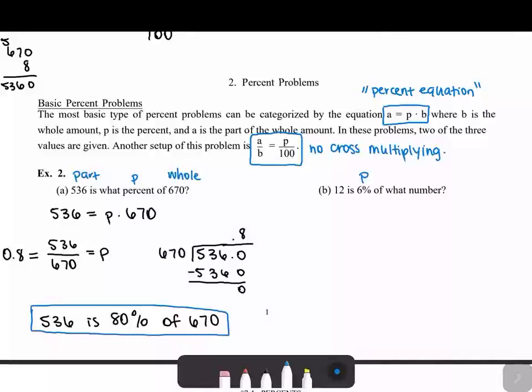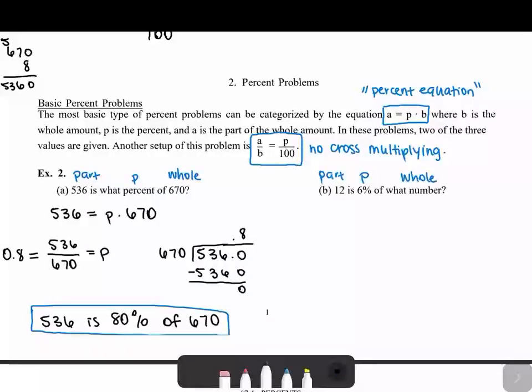So the 'of' tells us there's an implied multiplication there when we see 'of', and we see that our percent is multiplied by our whole. So 6% of the whole, which tells us that 12 is going to be our part. So just to show you both ways of solving these problems, for this one, I'm not going to use the percent equation as it is, but I'm going to use the equivalence of fractions.